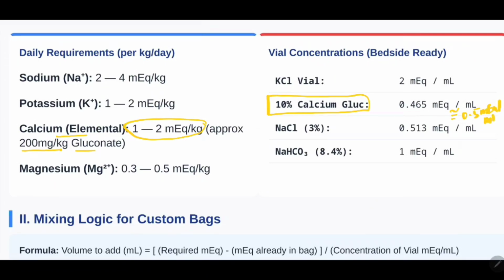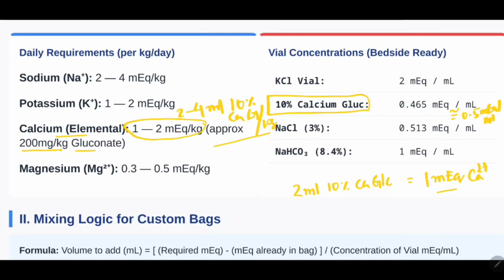That means 2 ml of 10% calcium gluconate equals 1 milliequivalent of elemental calcium. So the daily requirement is approximately 2 to 4 ml of 10% calcium gluconate per kg.